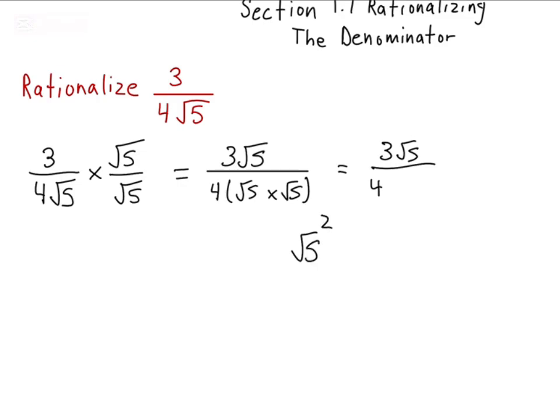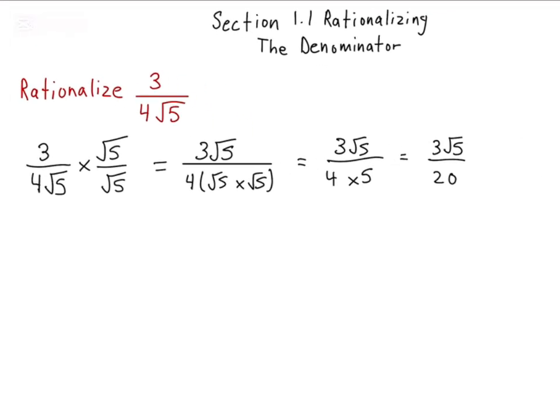If you have a root and then squared, it cancels out. So this will be 4 times 5. So now it just equals 3 root 5 over 20, and that's the answer for this one. So the most basic thing to know is when you have a simple denominator here, you just multiply by this root.